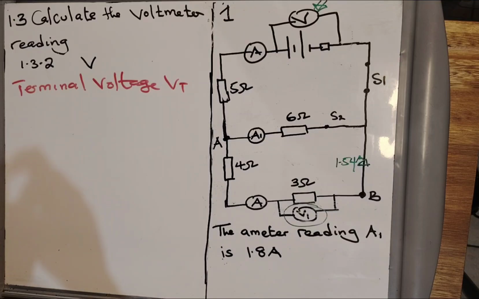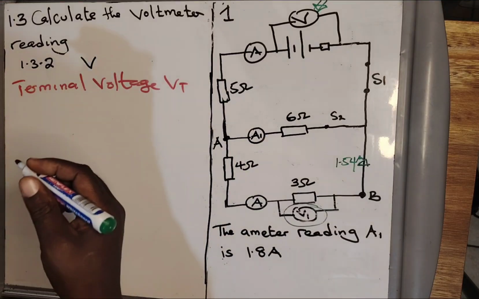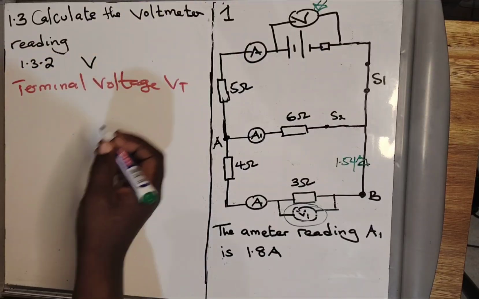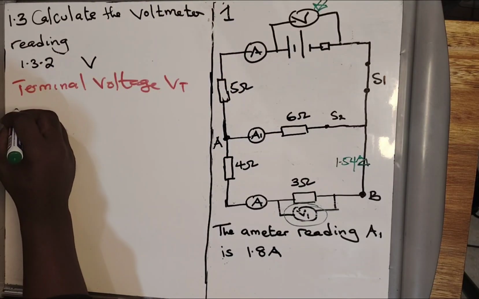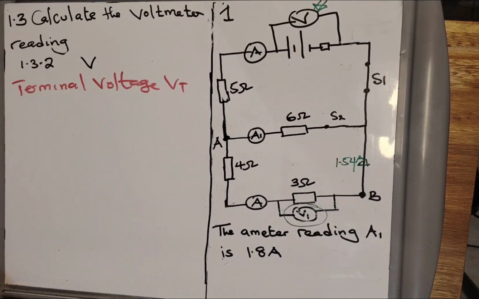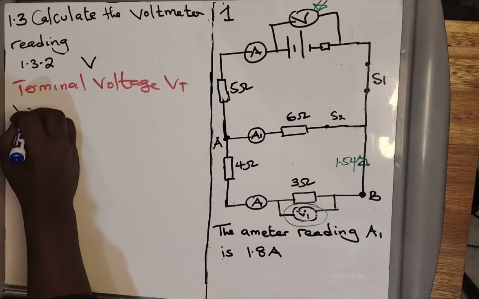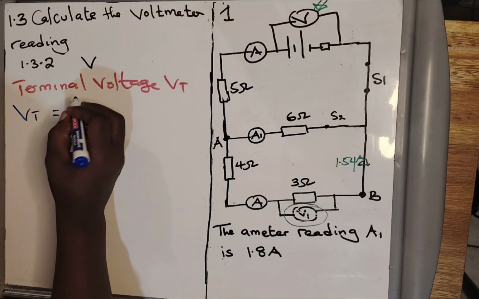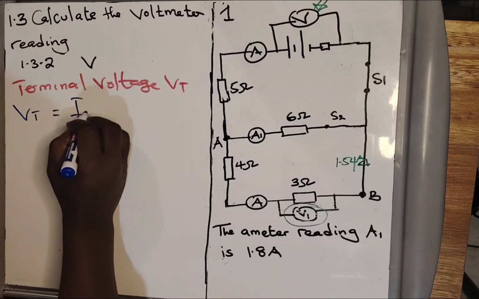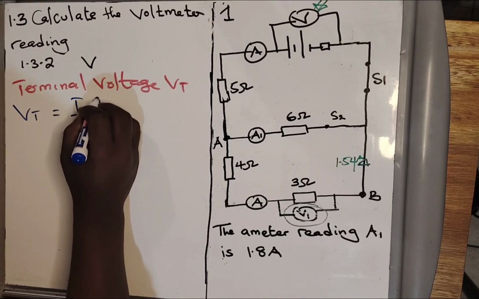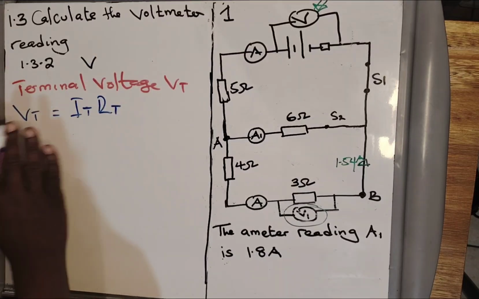Now, there are several ways of doing this part, but let's take the easiest way. The easiest way is that terminal voltage is given by I total times R total, as from Ohm's law.